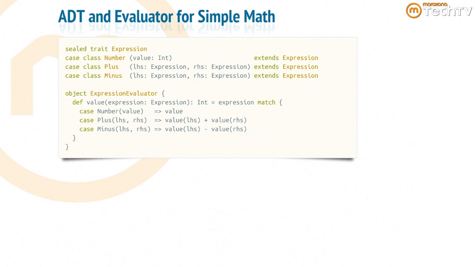One thing that I want to point out, and this is an important thing to start with, is that I could just as easily have defined value as an abstract member on the expression trait, rather than having it separated out into this expression evaluator thing. So that would look like: sealed trait expression with a member def value that would be just abstract, and then my case classes number, plus and minus would have some implementation for value.